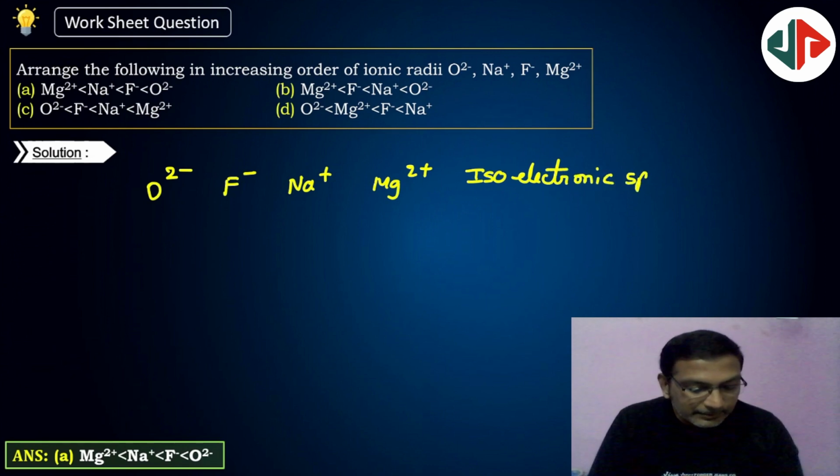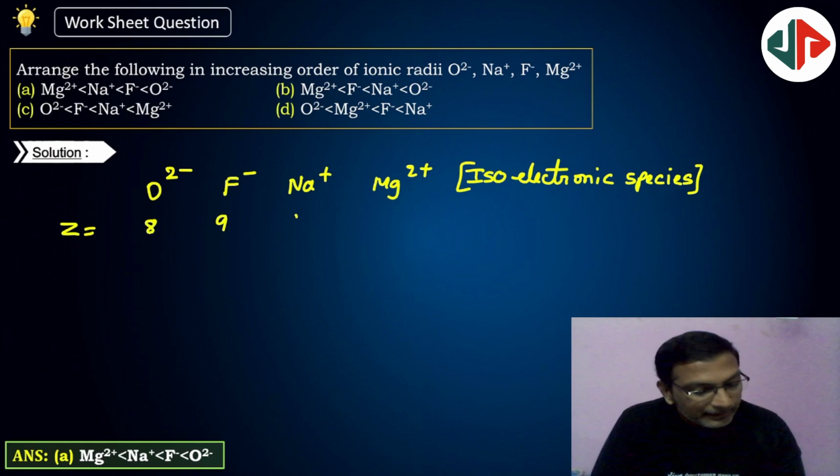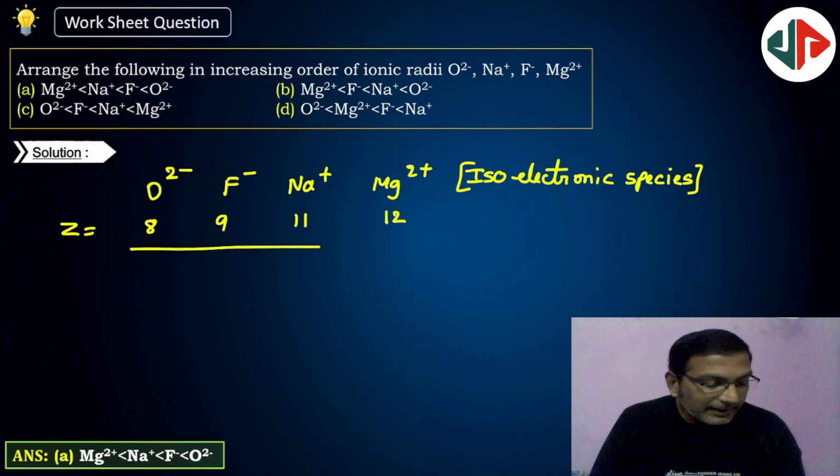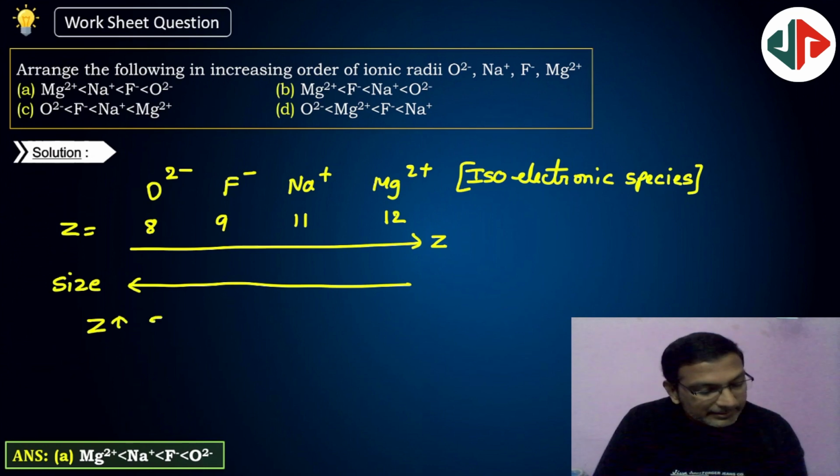We know in case of isoelectronic species, see here atomic numbers 8, 9, 11 and 12. So atomic number increases in this order. Therefore, size will be in this order. That means as the atomic number increases, size decreases in case of isoelectronic species.